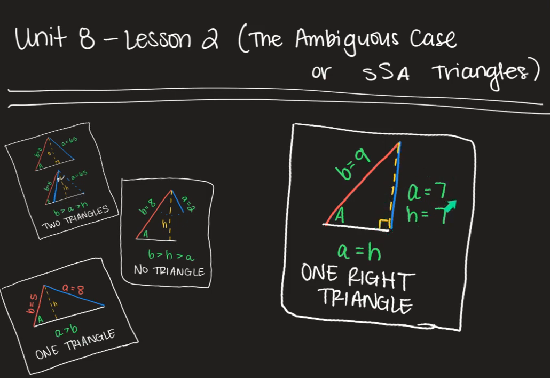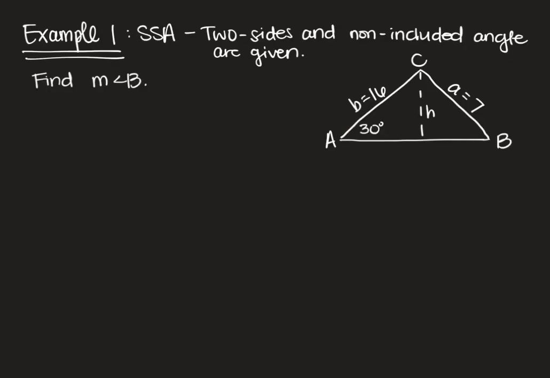As you might imagine, this means you have a right triangle, because that segment is also perpendicular to the base, and there is only one way to draw that triangle. So there's one right triangle created when the side opposite the given angle is congruent to the height of the triangle.